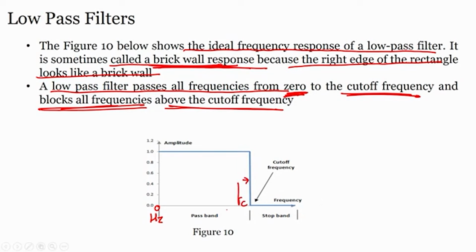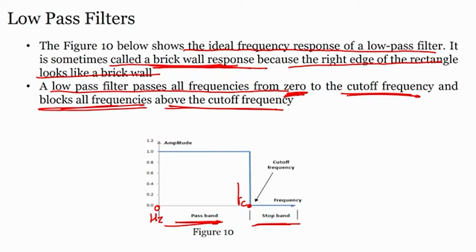Actually this is amplitude. Now, the frequencies that are not allowed above the cutoff frequency, this is called stop band, and this is called pass band.